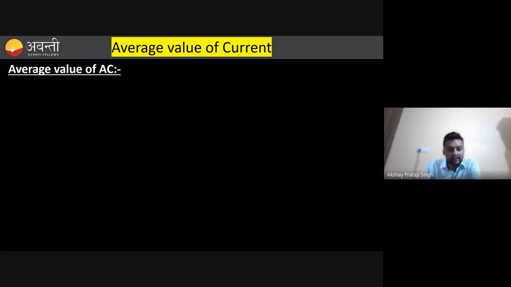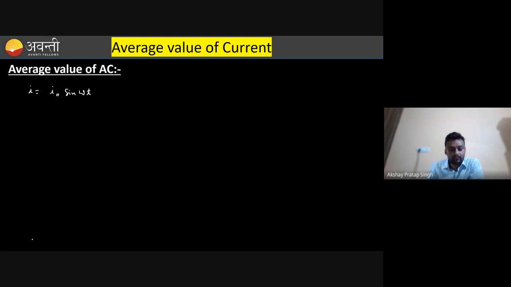Now, the average value of AC. You can see from the previous slides what AC is or how it can be represented. It can be represented as I equals I naught sine omega t, or you can represent it in terms of cos omega t as well.